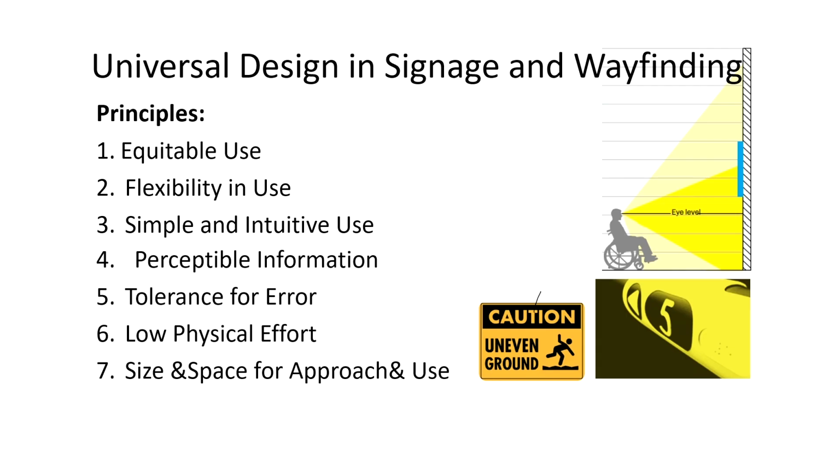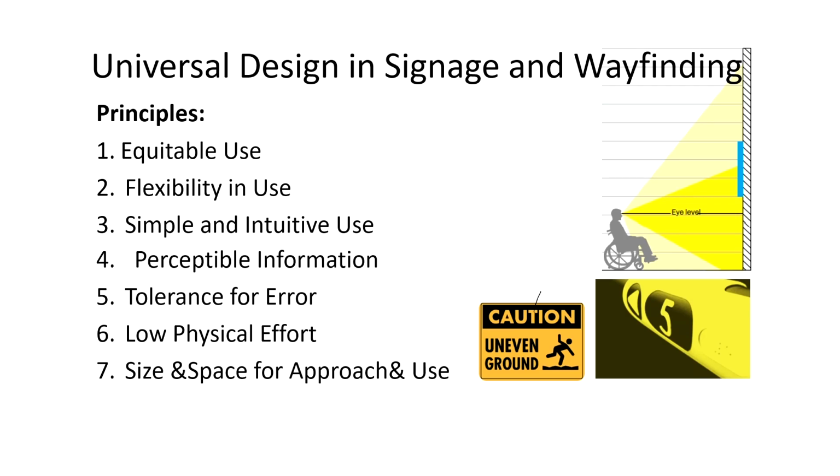Next, flexibility in use. The signage should accommodate various preferences and abilities. This can include providing multiple modes of communication. It can be visual, auditory, tactile, and adjustable features to meet different users' needs.